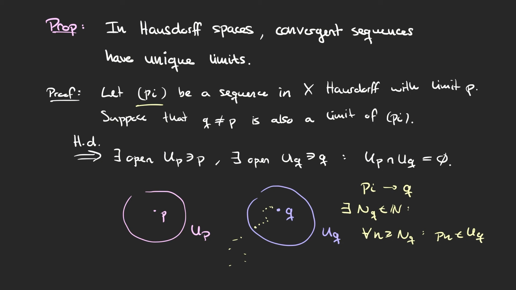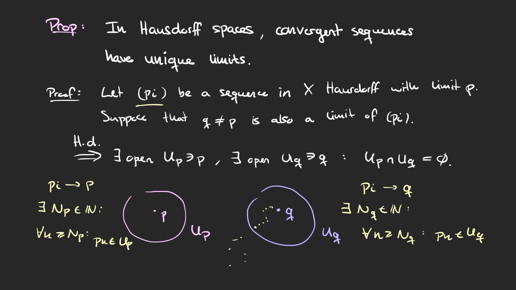On the other hand, P_i also converges to P, which means there exists some N_P, which is a natural number, such that for all n greater or equal N_P, P_n lies in U_P.